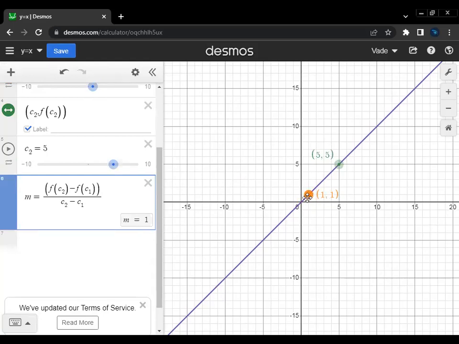Now what if I put the yellow point here, at negative 10, and this one closer to it? It has decimal points. What's the answer? The answer is 1. It's still 1. If I put this one further, say 16.8, 16.8 and negative 15.2, negative 15.2, what's the answer?